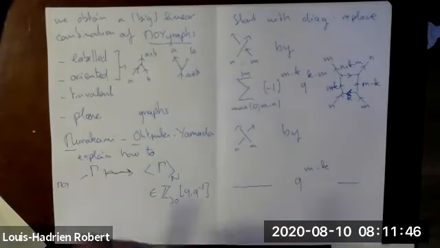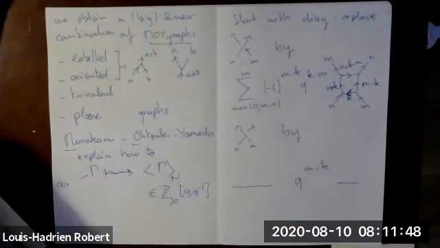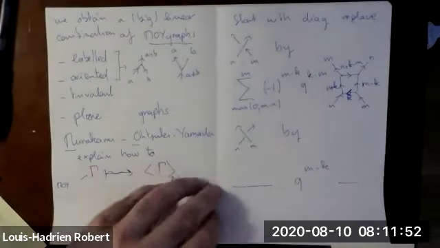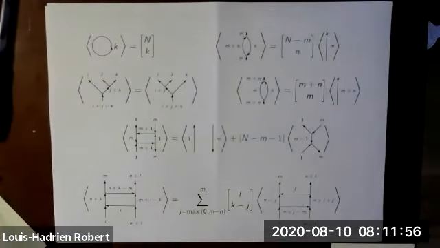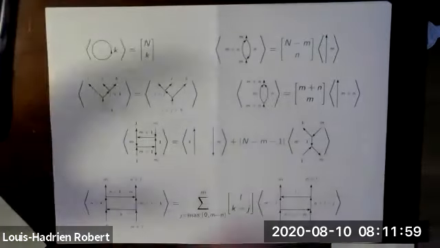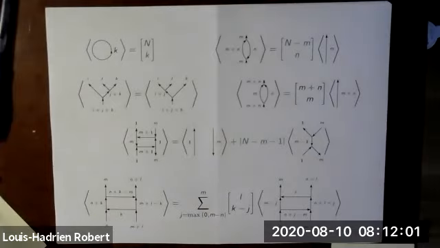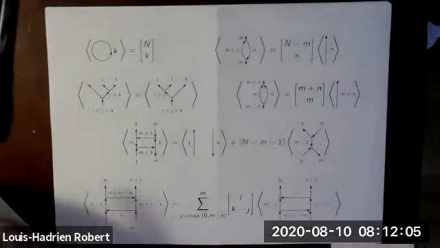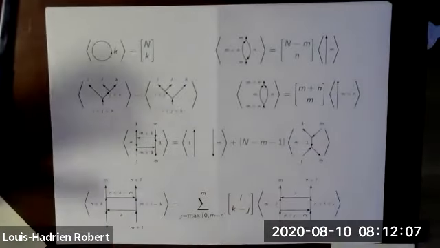So I will explain. For this, I should give a set of rules that I will display now. You have these graphs, and now you have a set of rules which are enough to compute everything.